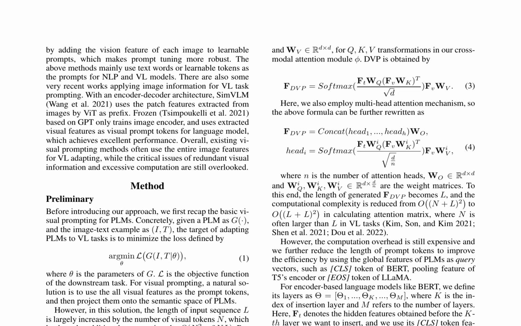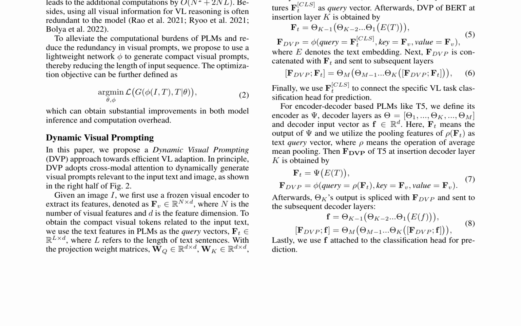This involves using a frozen visual encoder to extract features, followed by a cross-modal attention module to produce compact visual tokens. The integration of DVP with PLMs like BERT and T5 is also detailed, highlighting the benefits of using global features as query vectors to reduce computation overhead. This approach aims to improve both model inference and computation efficiency, adapting PLMs to VL tasks effectively.